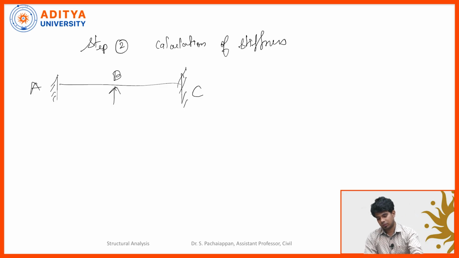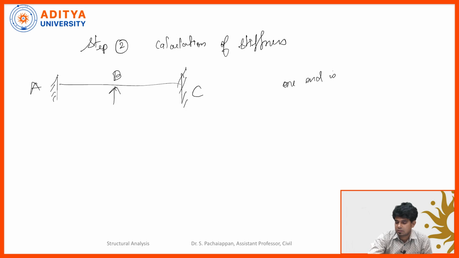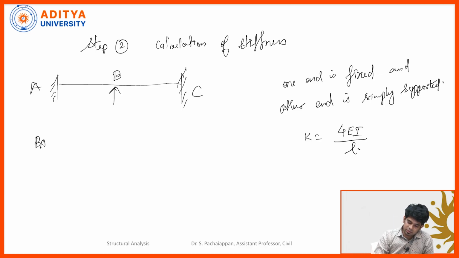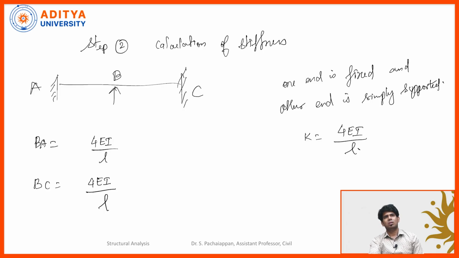In this case, one end is fixed and the other end is simply supported, and the stiffness is 4 EI by L. So for member BA, the stiffness is 4 EI by L. For member BC, also the stiffness is 4 EI by L. The reason is, in both spans we have one fixed support and another simple support.